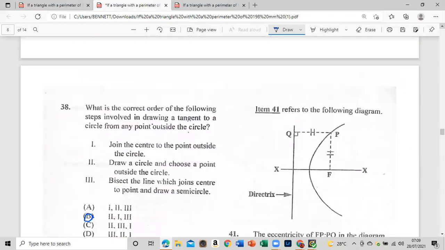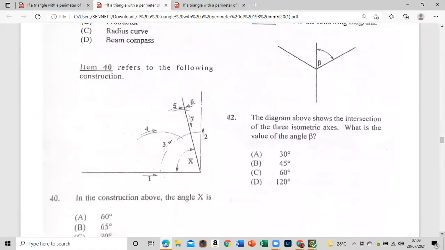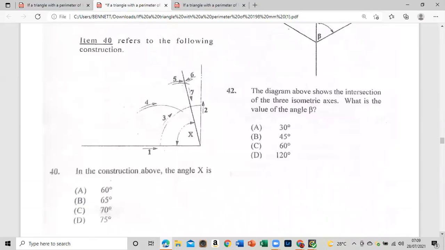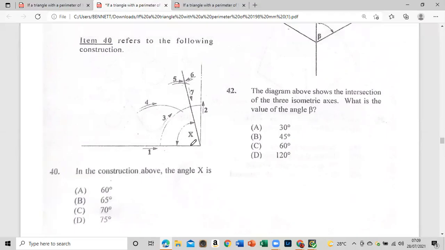Oh, that's 41. So that means 40 is down here. In the construction above, the angle x, as this angle here, is it 60 degrees, 65 degrees, or is it 75 degrees?